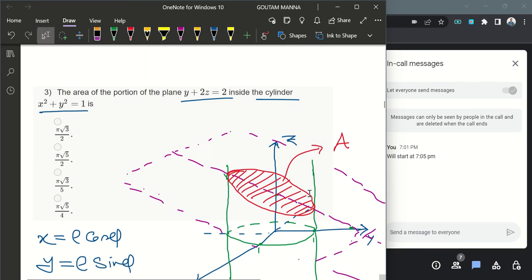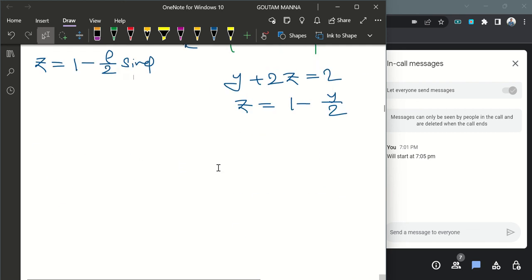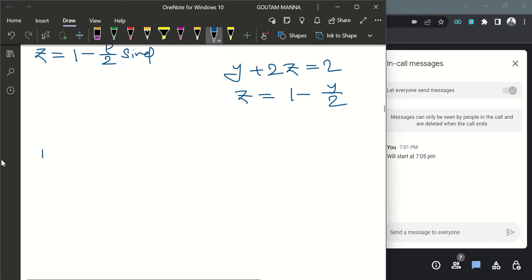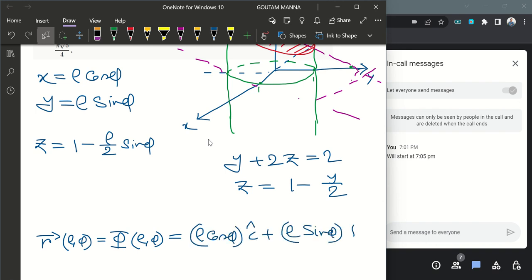With this parameterization, for each value of rho and phi, if we put this x, y, z, then the radius vector, or let's say capital Phi of rho, phi, will be rho cos phi i hat plus rho sin phi j hat plus 1 minus rho by 2 sin phi k hat.